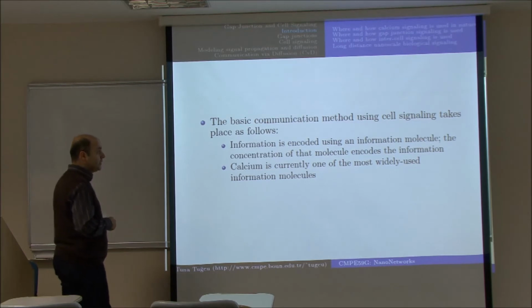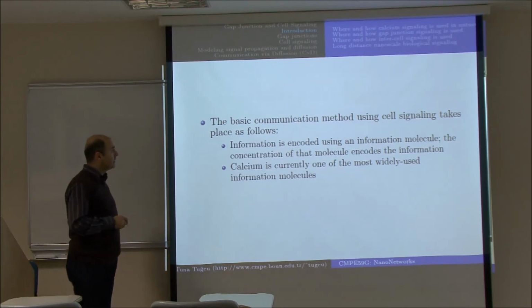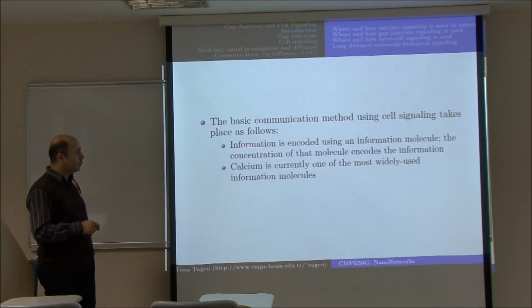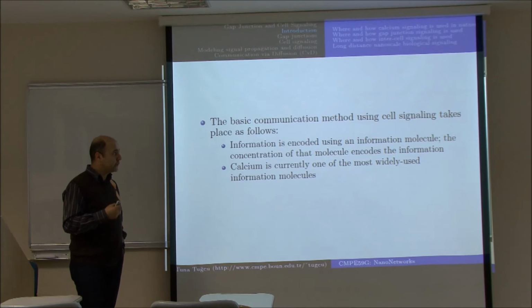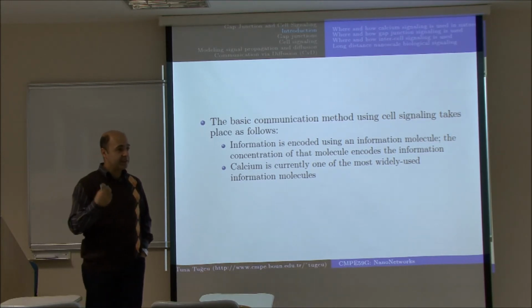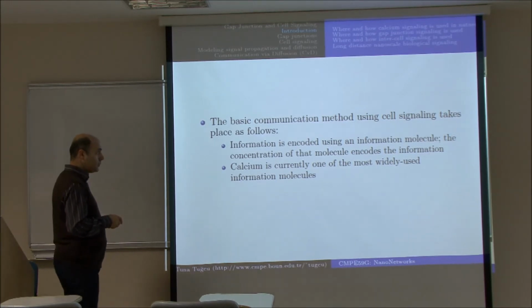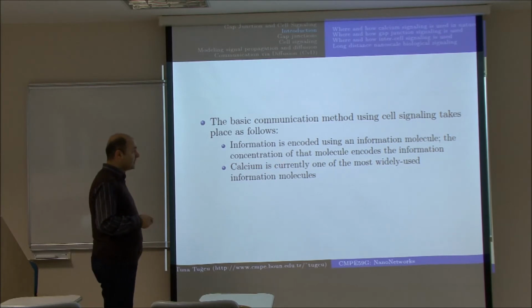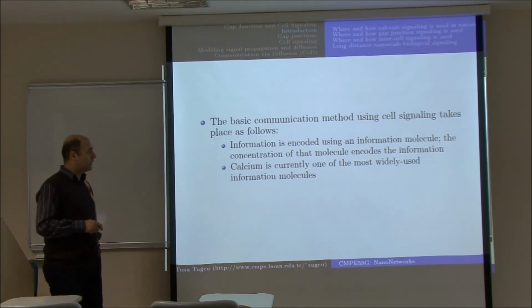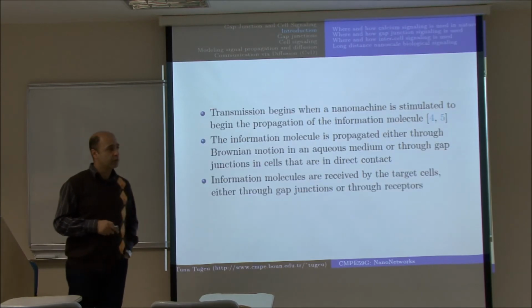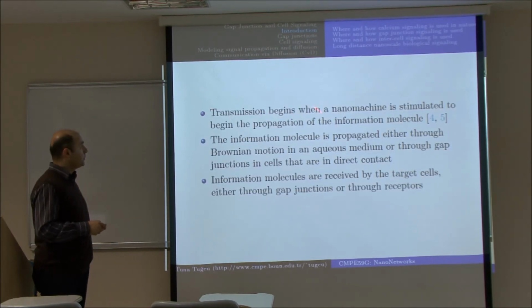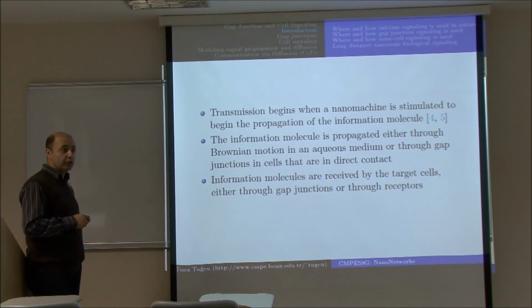The basic communication method using cell signaling takes place as follows. The information is encoded using an information molecule. So the reception of that information molecule should mean something to the cell. And the calcium is currently one of the most widely used information molecules, whereas the others, like potassium ions, could also be used. Transmission begins when the nanomachine is externally stimulated.